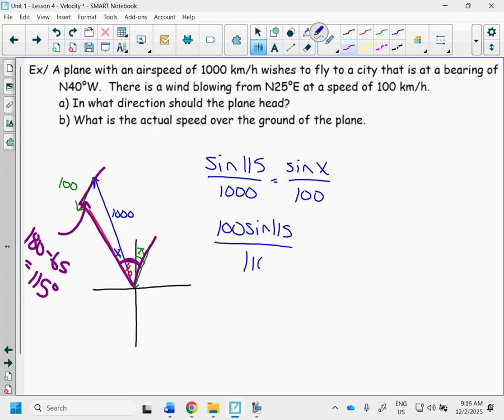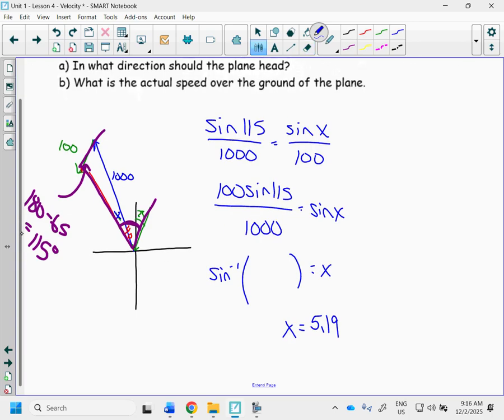Let's just say 1,000 sine x. We want x. We're going to take the inverse of this big massive stuff. And I got x, it's pretty small. I got 5.19. So for part A, which way should it head? Well, it wants to end up in north 40 west.